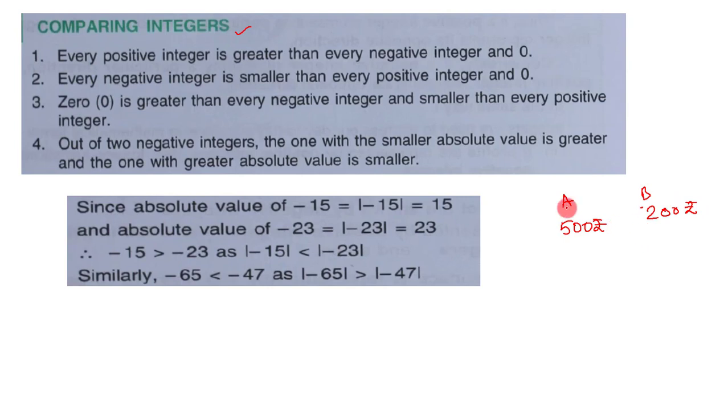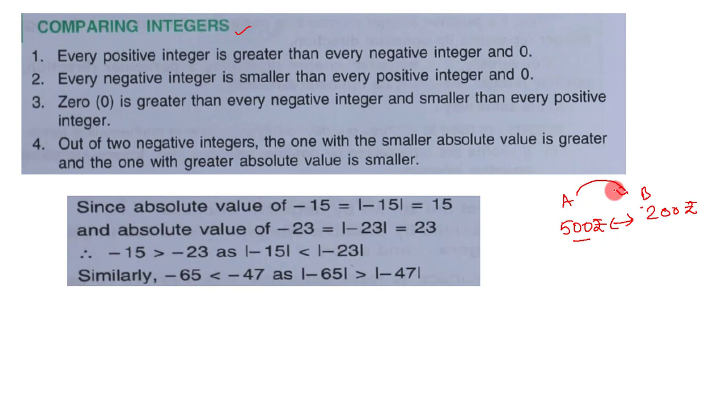They will start comparing. Boy B will ask A, how much pocket money did you get? 500. How much did you get? 200. Then the first boy will say that I got more pocket money than you, and the other boy will feel that he got less money.